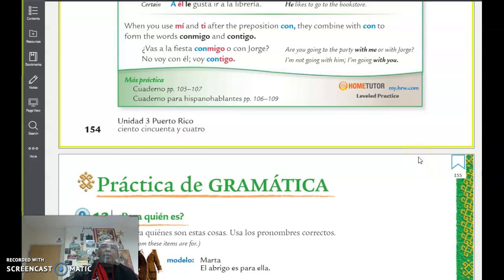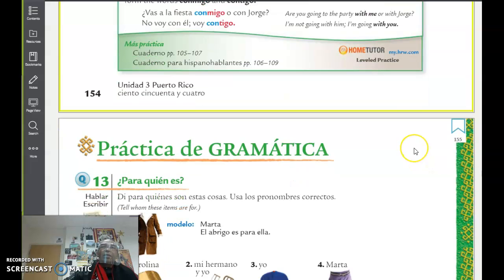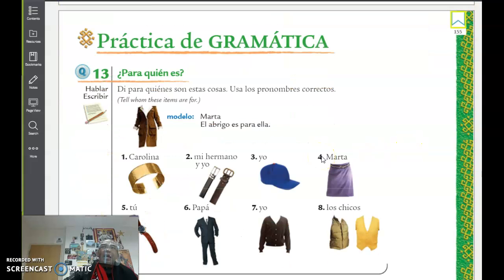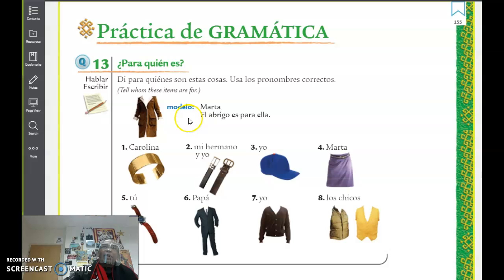All right, so with this information, what you guys have to do is complete these activities right here. It says para quién es. Tell whom these items are for. So, for example, you have el abrigo es para ella. Okay. In other words, you have the name Marta. It's a girl, right? So it will be ella.